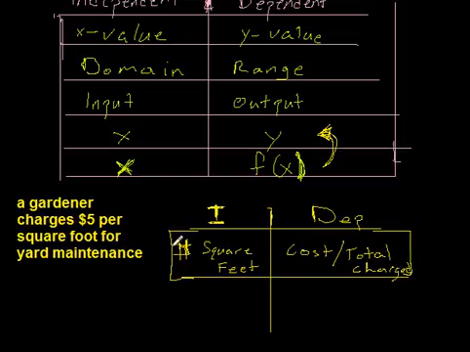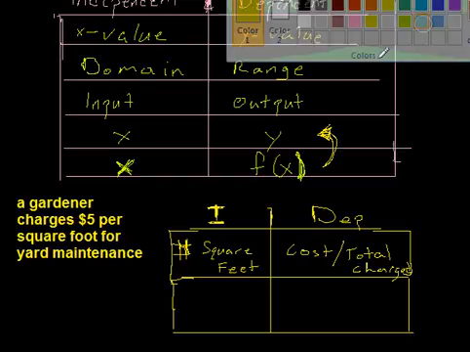Okay, so what would those values actually be? Change colors here just to get some more color sequence in.